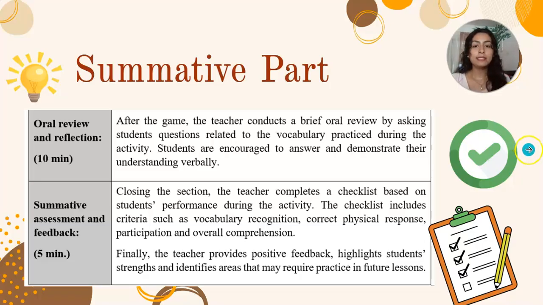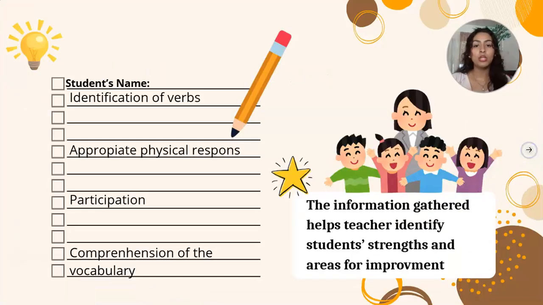The checklist may include criteria such as correct identification of action verbs, appropriate physical responses, participation and overall comprehension of the vocabulary, and the information collected allows the teacher to evaluate the students' achievement and determine which concepts have been learned successfully.